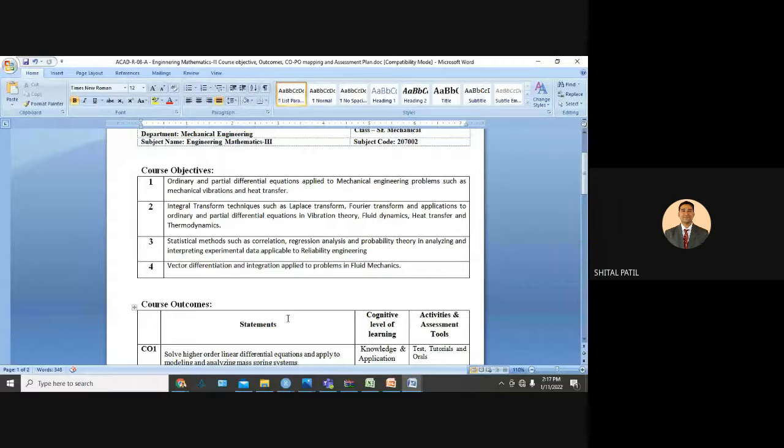But see, whenever you start reading any new book, maybe it may be a novel, it may be a book related to mathematics, it may be related to your engineering, you start reading from the preface. Preface is the part at the start of the book. There, the author has written what he wants to convey to the readers.